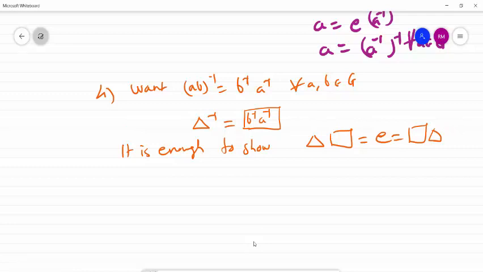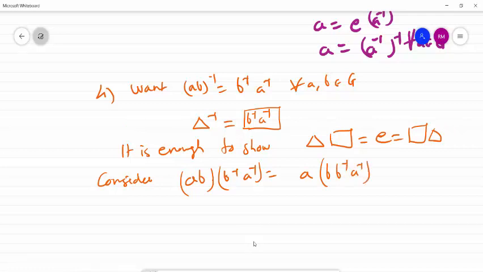So consider triangle means AB, rectangle means B inverse A inverse. So by the property of associativity, we can write A B B inverse A inverse. This we can write as A (B B inverse) A inverse.